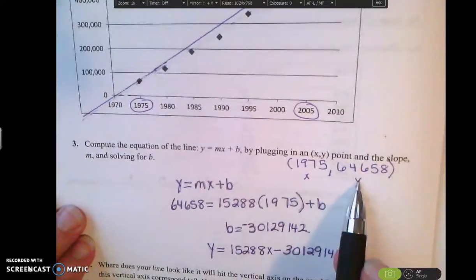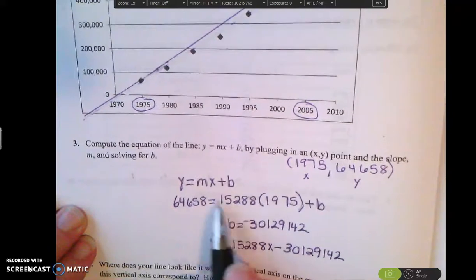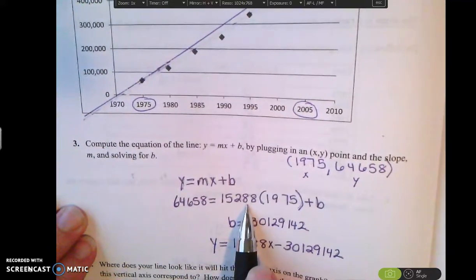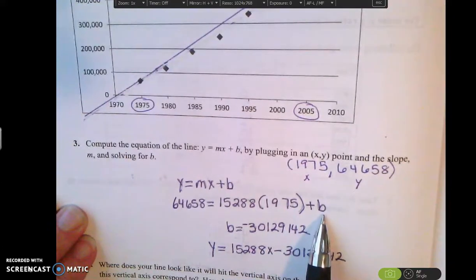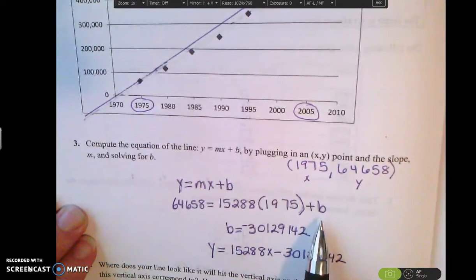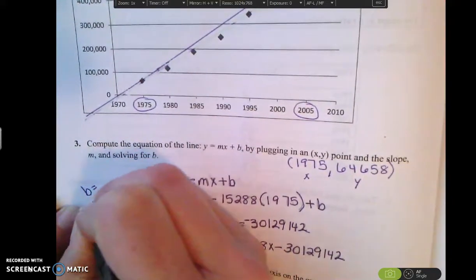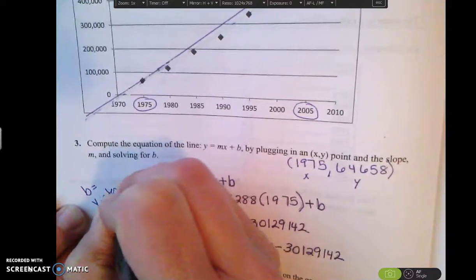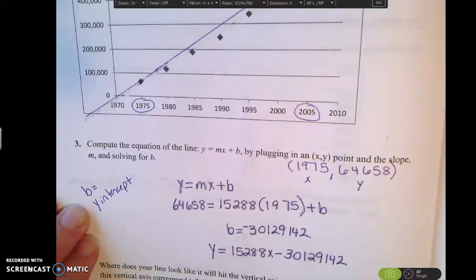I'm going to take the y value and put it in for y. I'm going to take the m, the slope that I got from the other page, and put it in here. X is the 1975, and I'm going to find b. B is what we call my y-intercept, so that means that's the point where it's supposed to cross the y-axis.